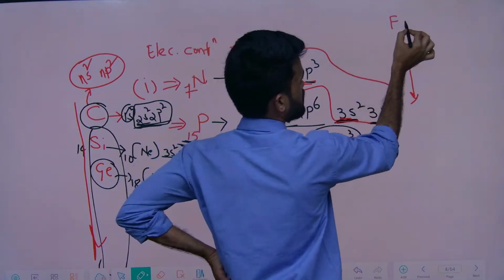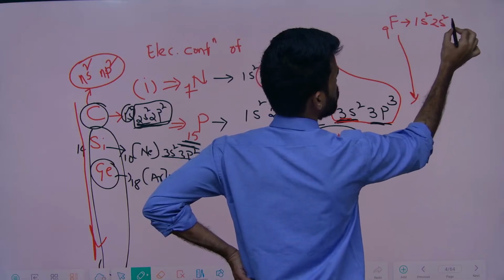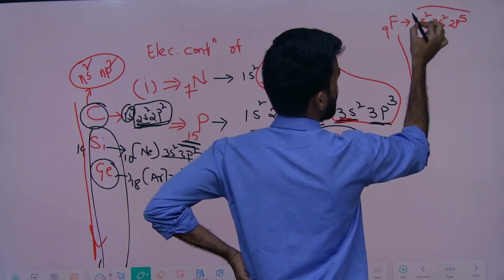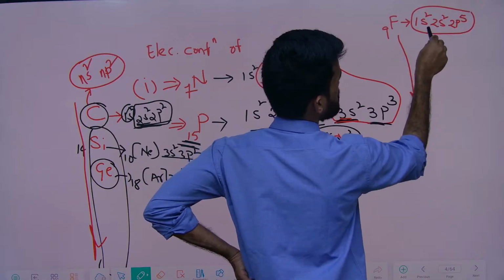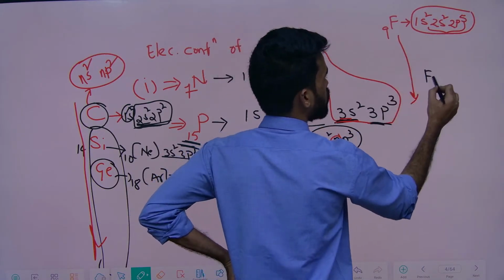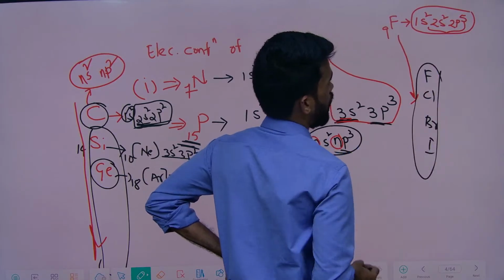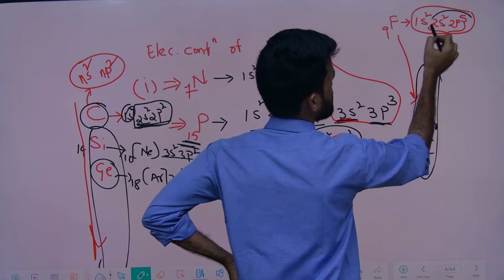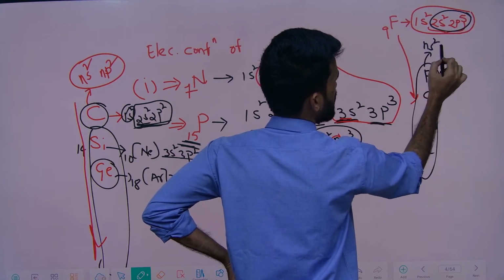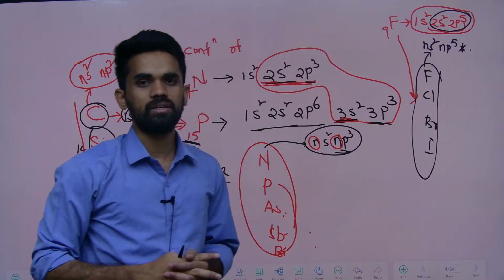Atomic number 9, so 1s2, 2s2, 2p5, so 9 electrons are over. The highest energy level is 2s2 2p5. So fluorine, chlorine, bromine, iodine, any element has the general valence configuration ns2 np5. Like this you can write it for any element.